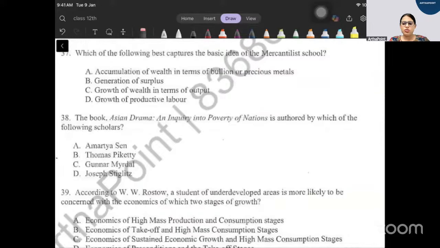Write your answers once. Which of the following best captures the basic idea of the mercantilist school?